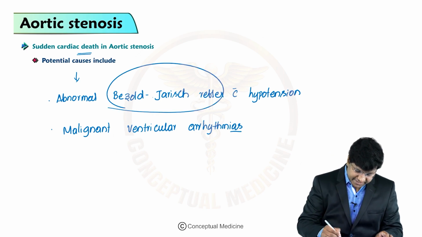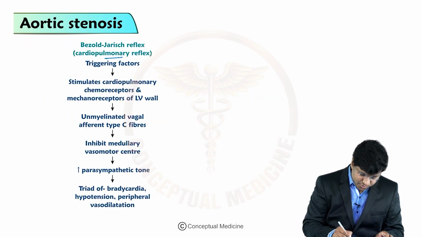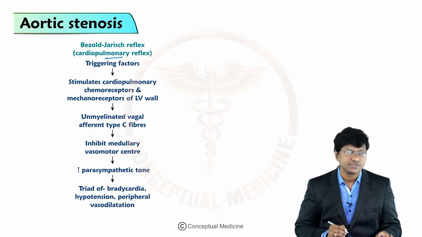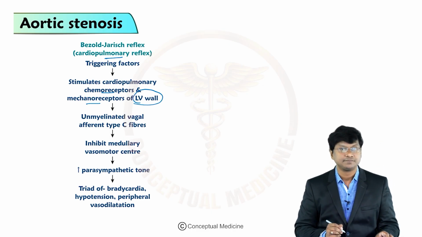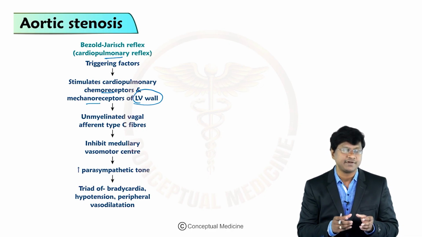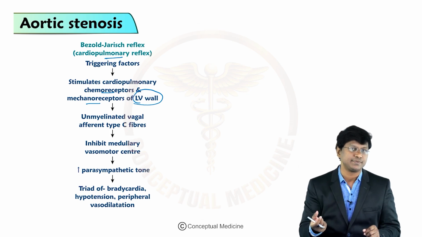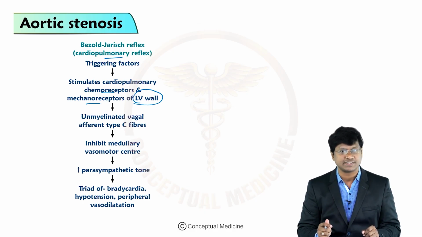Now coming to your Bezold-Jarisch reflex. It is also called the cardiopulmonary reflex. What happens is there will be a triggering factor, and that triggering factor will stimulate the cardiopulmonary chemoreceptors and cardiopulmonary mechanoreceptors of the left ventricular wall. Here, what is happening to the left ventricle? The left ventricular wall is hypertrophied, and that too it's a concentric hypertrophy, and that will stimulate the chemoreceptors and the mechanoreceptors.